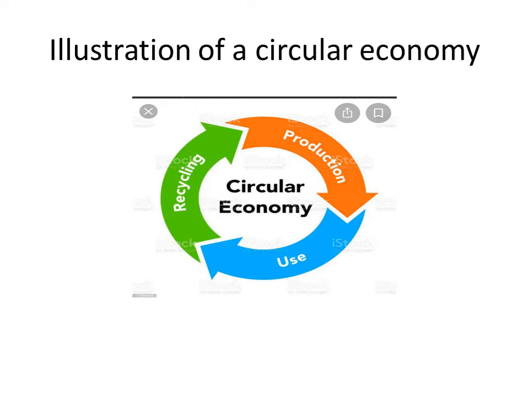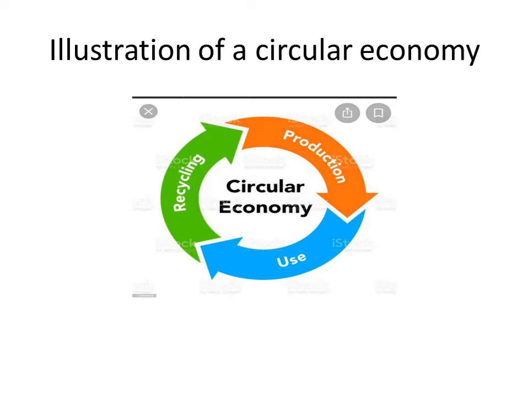So this is an illustration of a circular economy. We have production, that's the production stage. The user stage is where the consumers use the product, and after it's been used, it's recycled, then reused by the consumers. So that entails the circular economy.